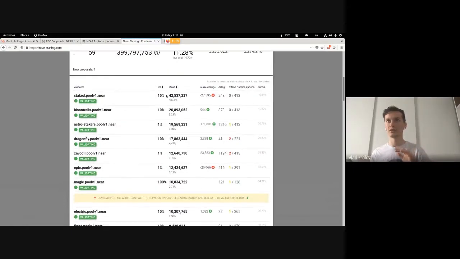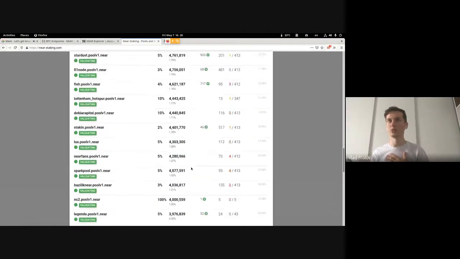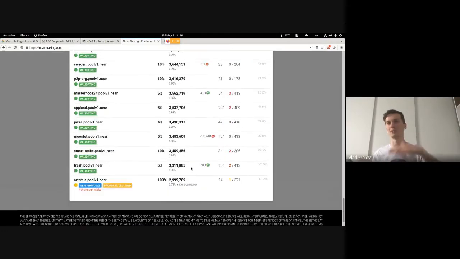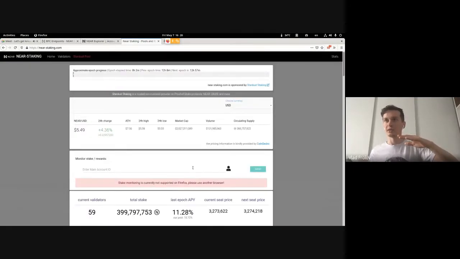Based on this stake, we compute the minimum stake that we want for a node to have to be trustworthy, and we call it seat price.